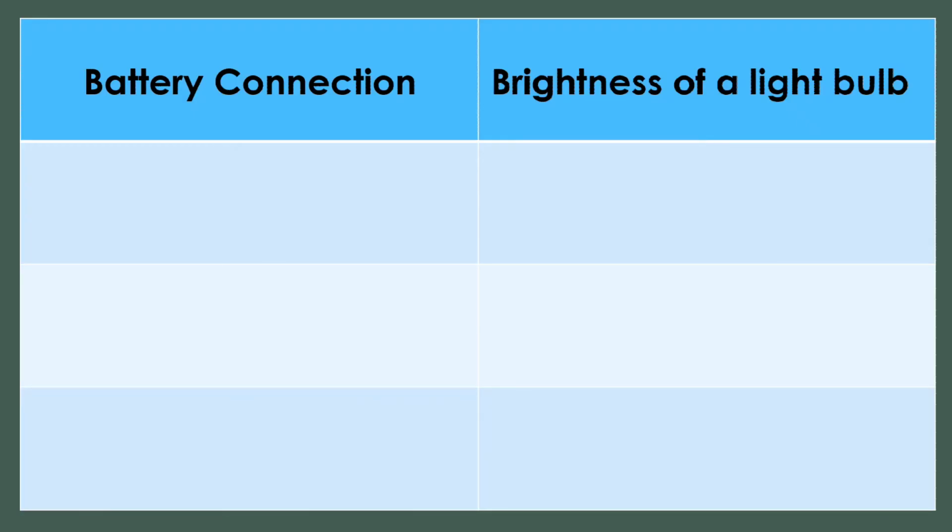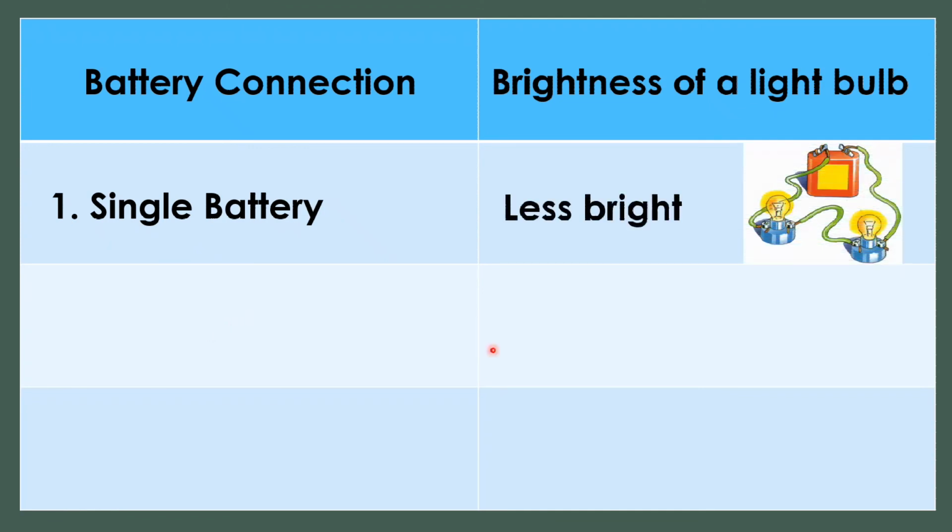Let's take a look at this. We have a battery connection and the brightness of a light bulb. Let's see how bright the light bulb is. If we have a single battery, it is less bright because one battery shares two bulbs, so the brightness of the bulb is not very high.